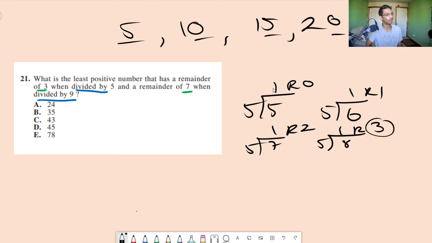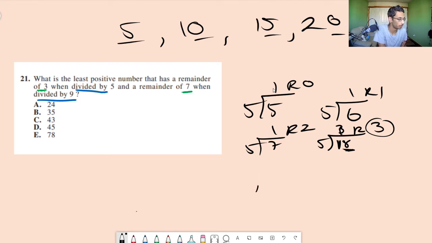So we have a remainder of 3 when you divide 8 by 5. Even if you put an 18 here, the quotient would change, 5 times 3 is 15, but the remainder would still be 3. So one possibility for a remainder of 3 when you divide by 5 is when the last digit is an 8.